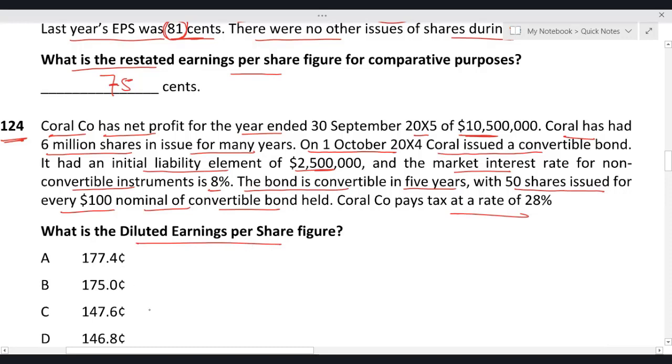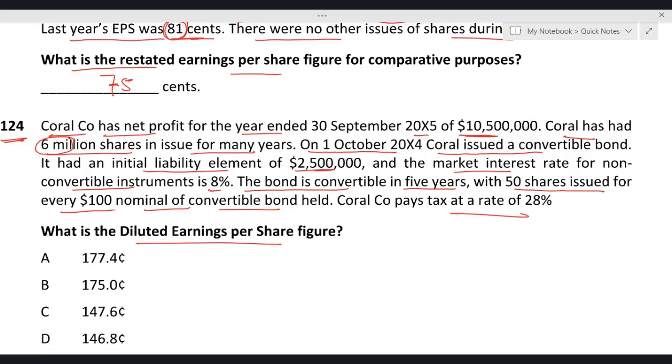The first thing is the question says the company had 6 million shares for many years. So logically this 6 million is your weighted average ordinary shares, but for basic EPS. Right now we are not calculating basic EPS. The examiner has asked us to calculate diluted EPS.